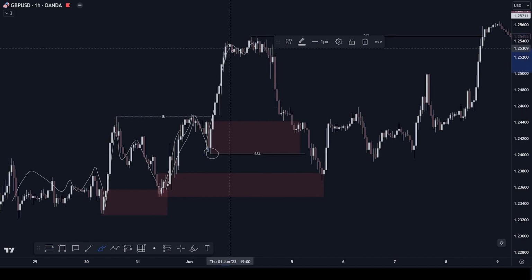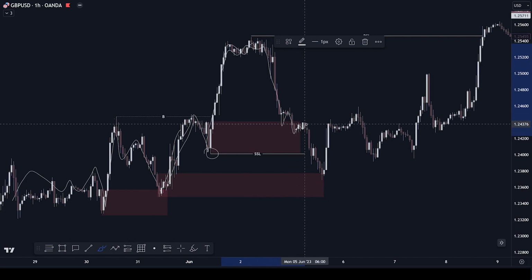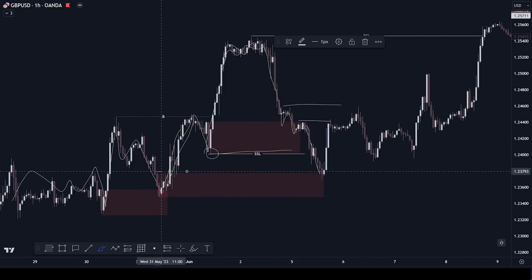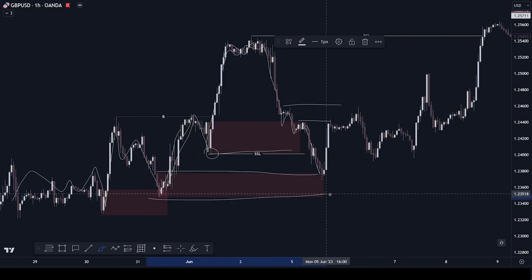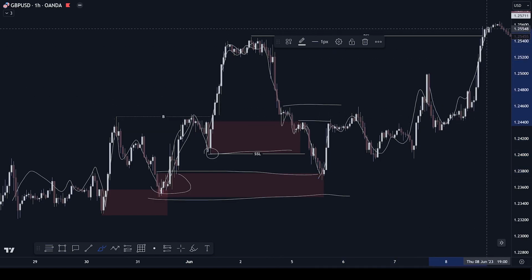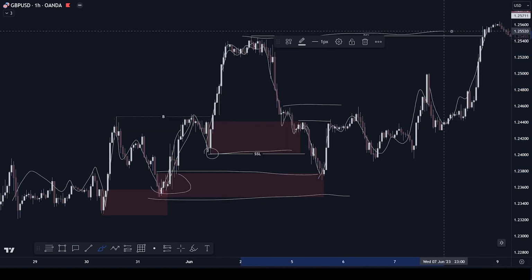When price comes back to that zone, we can see that it reacts to it, accumulating orders, creating buy side liquidity after sweeping the sell side liquidity and reacting to the extreme of the structure. Once price reacts to the extreme, it runs all the buy side liquidity and breaks the market structure again to the upside.